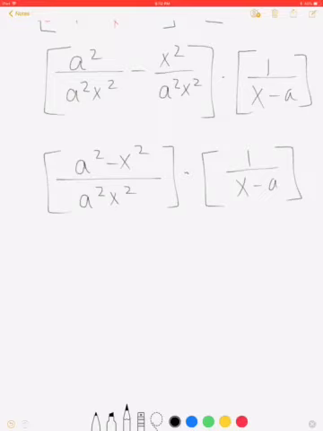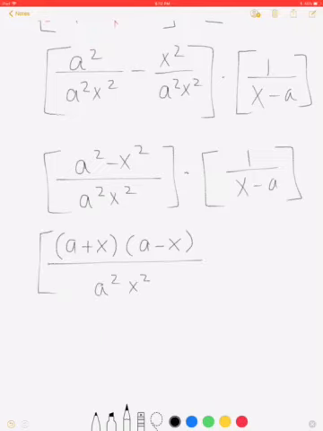So if I unfoil this or unbox it or do the big X, I'm going to get a plus x times a minus x for my factors. We usually factor when we can because that means something will cancel out.